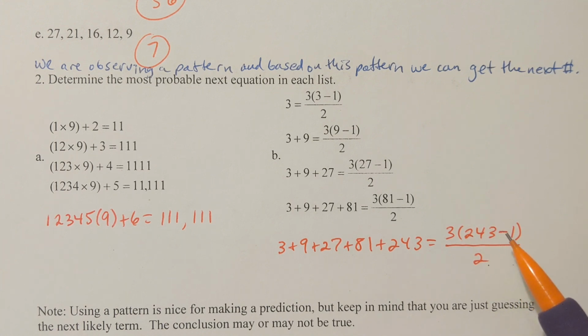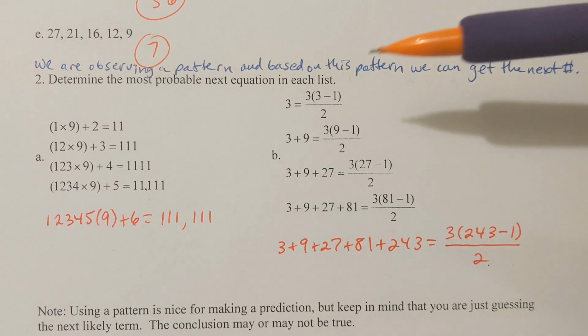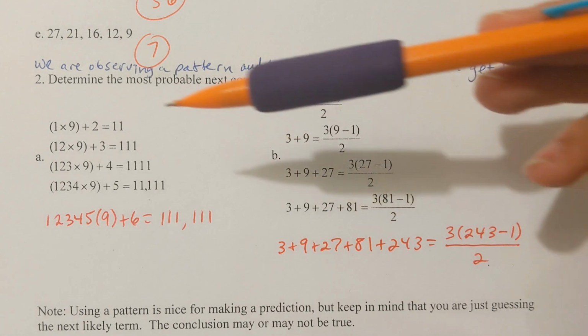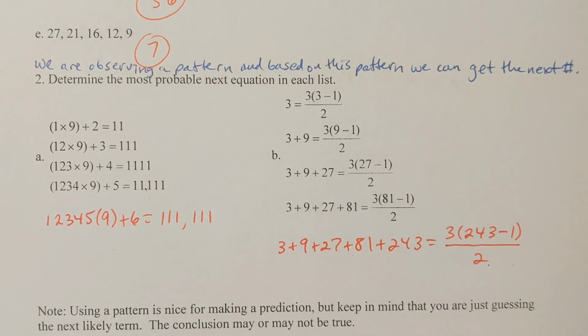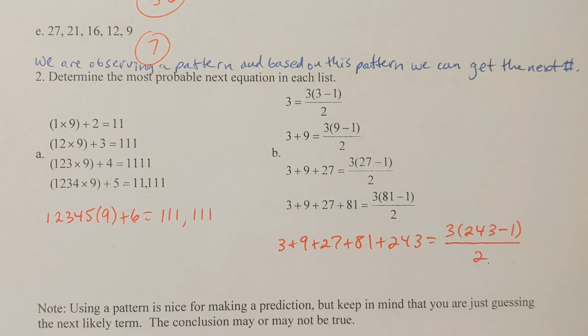So it's going to be 243 minus 1 is 242, times 3 divided by 2. So if you were to check that, I think you'd find that the answer would be the same on both sides there. Okay, and by the way, I'm using an equal sign here, so of course the two sides are equal. Of course I don't want to be using that if indeed something is not true there.